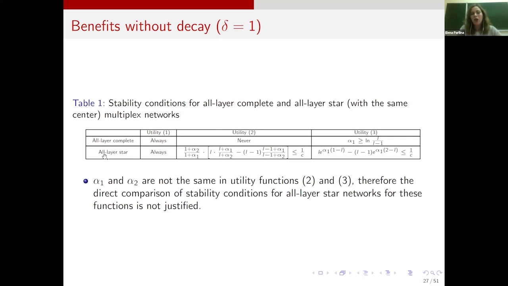And for the all-layer star network, we have these conditions to be satisfied. But I need to mention that these conditions cannot be compared. Initially we wanted to compare them, but alpha 1 and alpha 2 have different meanings here. So there are different parameters. That is why we do not compare them.